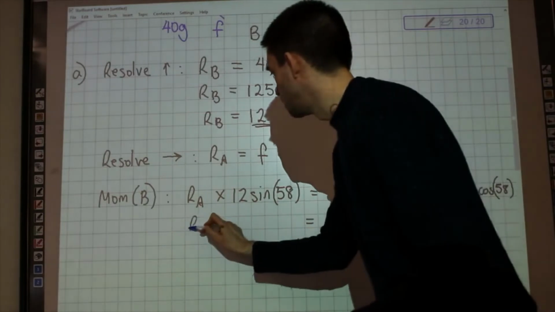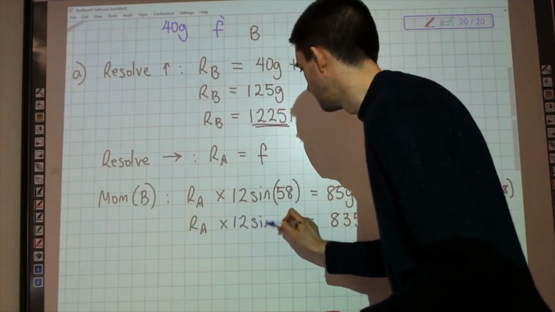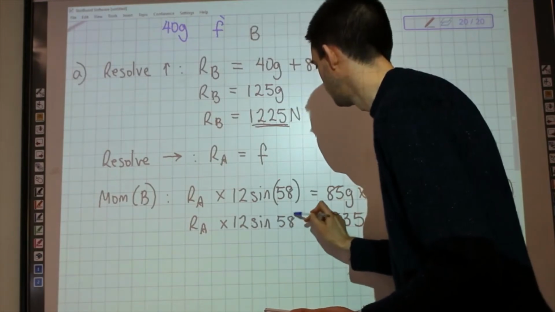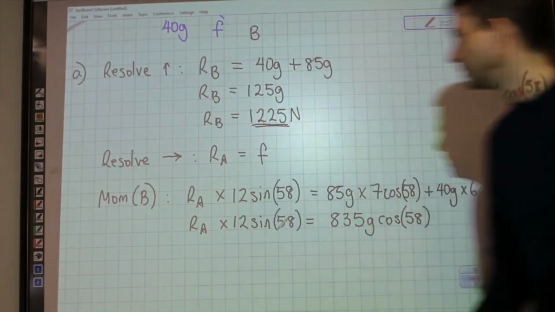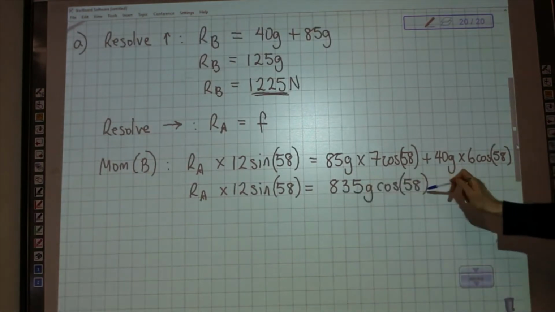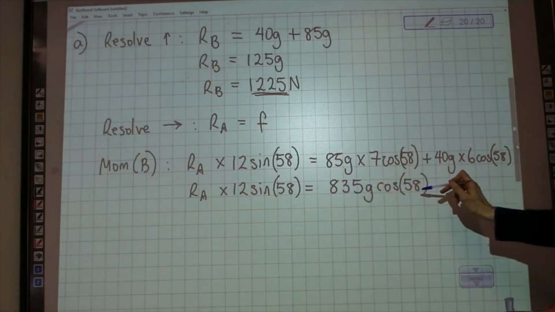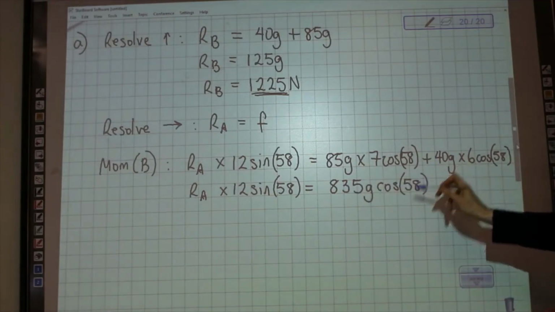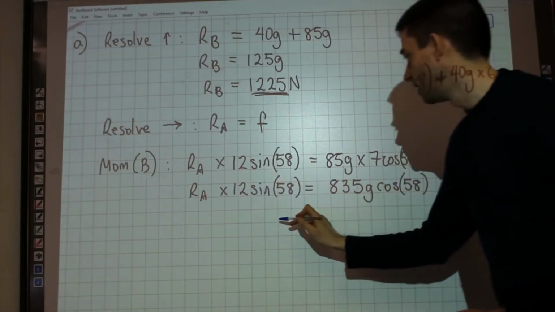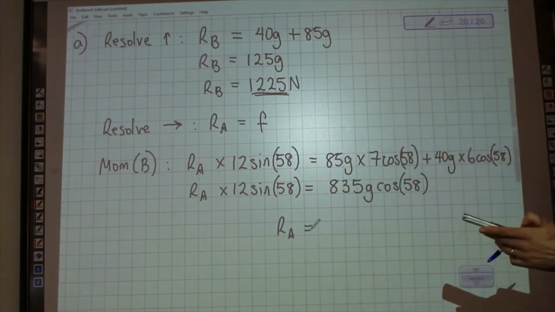And that is equal to reaction at A times by 12 sine 58. That's a number, that's a number. So if I divide 835g cos 58 by 12 sine 58, I will get the reaction at A as a number. So I'm just going to do that now.